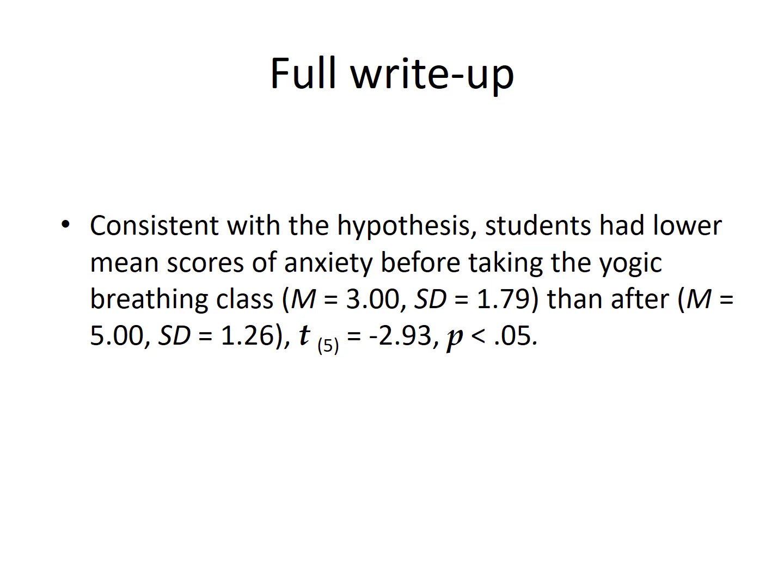I looked in the critical values table for a one-tailed t-test with alpha set at 0.05. That means we wanted to be 95% confident when we had 5 degrees of freedom. And I found that our obtained value of 2.93 exceeded the critical value in the t-test table for a one-tailed test with alpha set at 0.05 and 5 degrees of freedom.